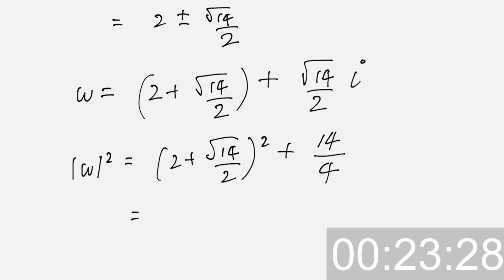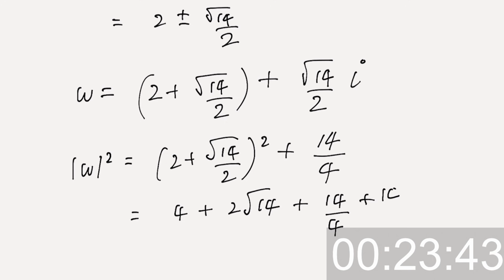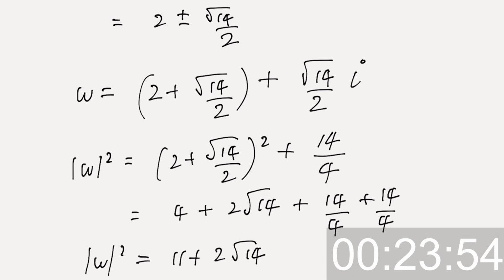If I expand that out, it's going to be 4, plus 2 times 2, so plus 2 root 14, and then plus the thing squared, 14 over 4, plus another 14 over 4. So that's 28 over 4, that's 7, so that's 11 plus 2 root 14 is the modulus of W squared. Okay, let's try question 4.